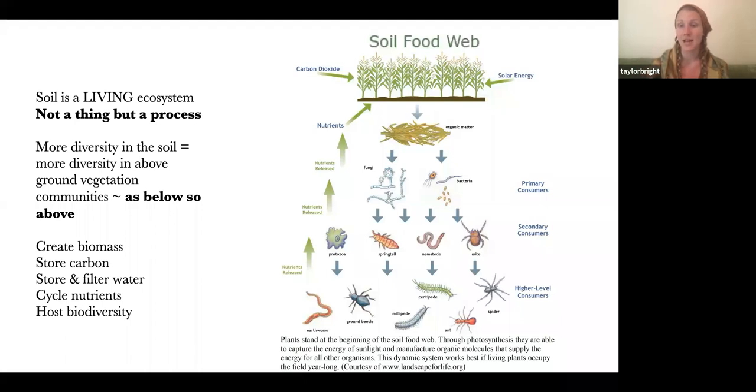That's because the fungi is doing the work to break down organic matter and reintroduce it back into the soil so that it can be food for the earthworms and the nematodes and the protozoa, and so that they can eat those nutrients and then recycle it back into the system.